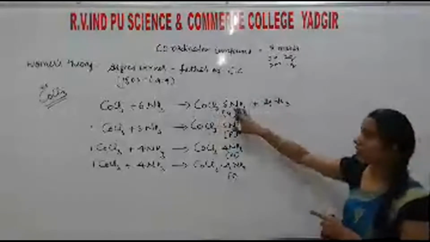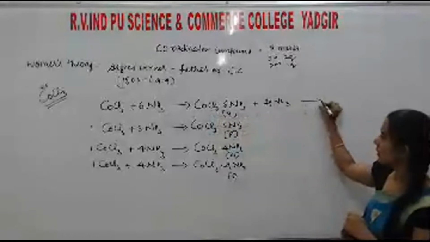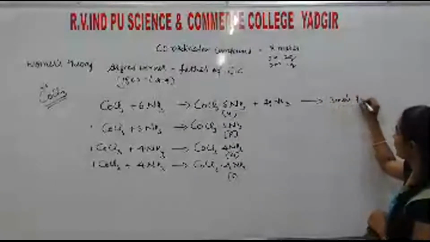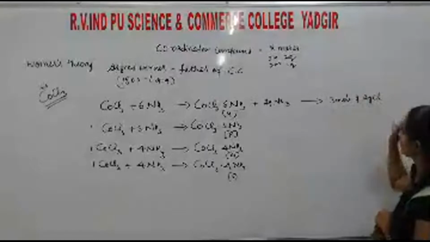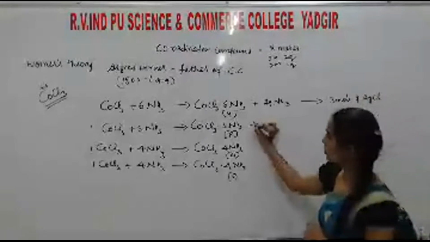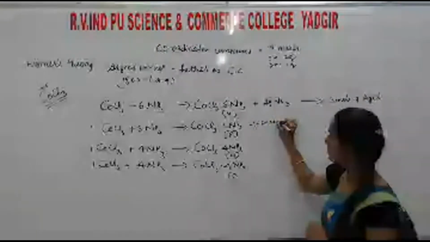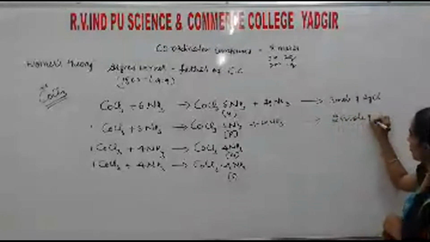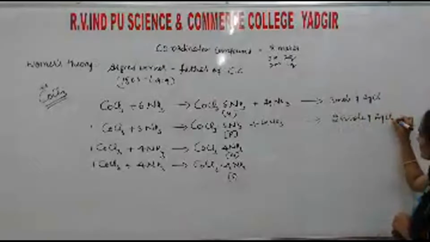AgNO3 is added to this solution, then we get 3 moles of AgCl. Here it reacts with AgNO3 and we got 2 moles of AgCl.